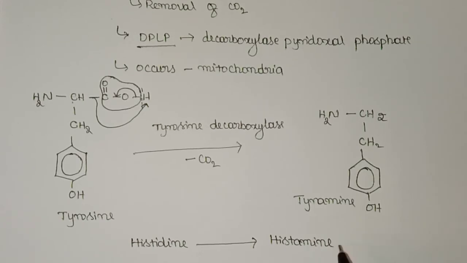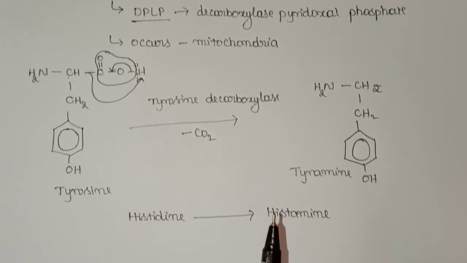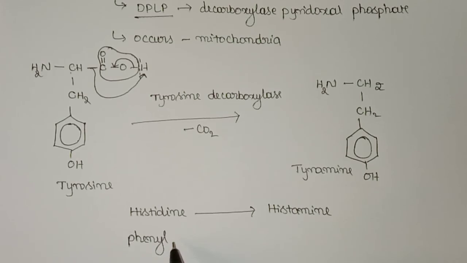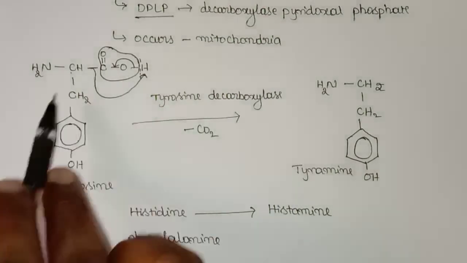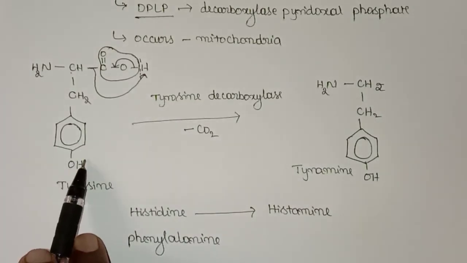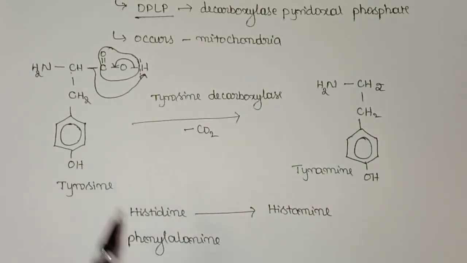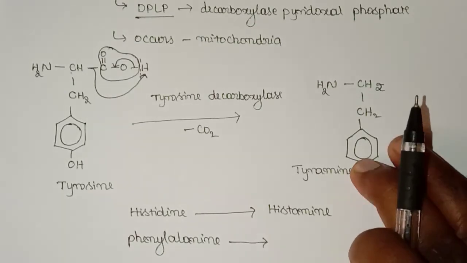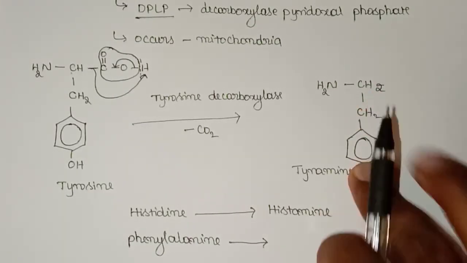Histamines are very important components, which we shall discuss in later videos. Similarly, if you react one more aromatic amino acid, phenylalanine, whose structure almost resembles tyrosine, with the exception that the OH is not there, you will have a phenyl group and the remaining part is ethanamine.